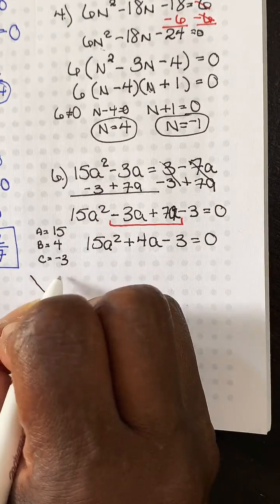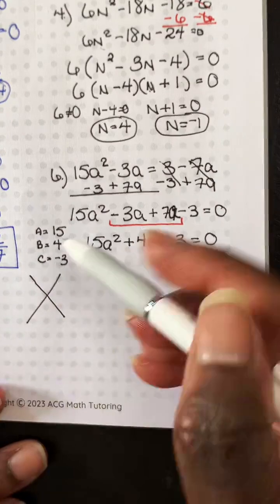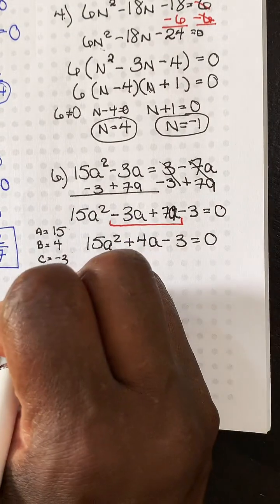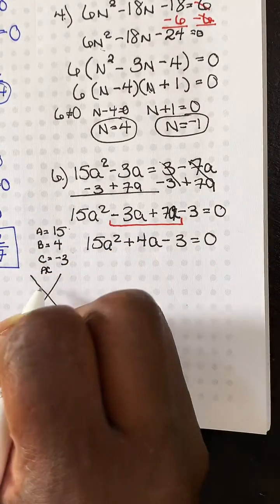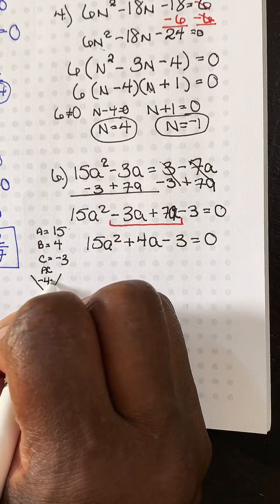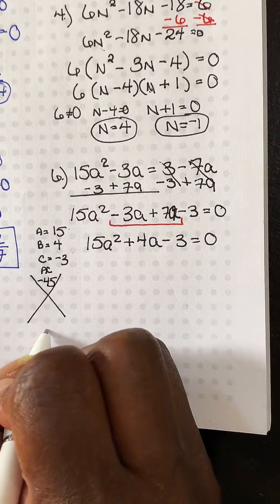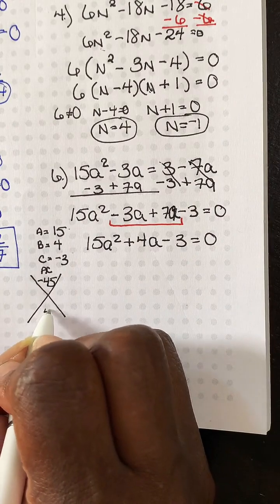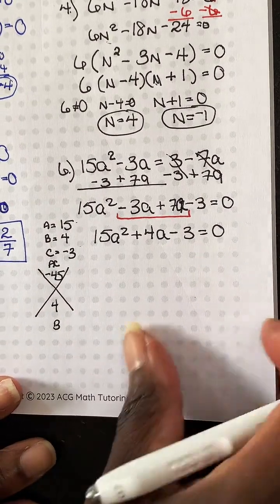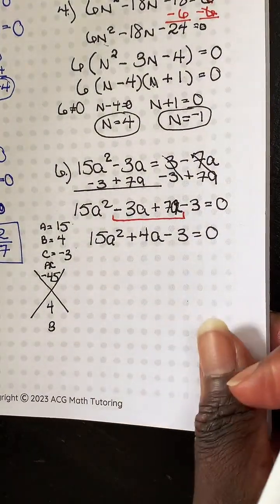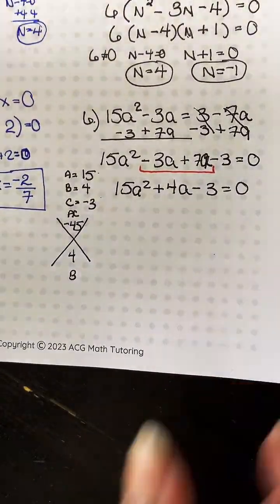So if I multiply my A and my C, that will give me negative 45. And just rewrite my B, which is 4. Okay, raise this up just a little bit.